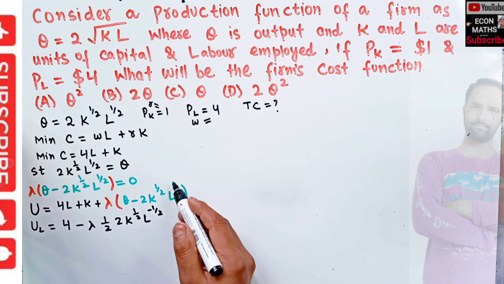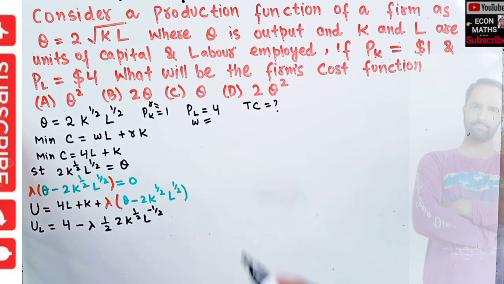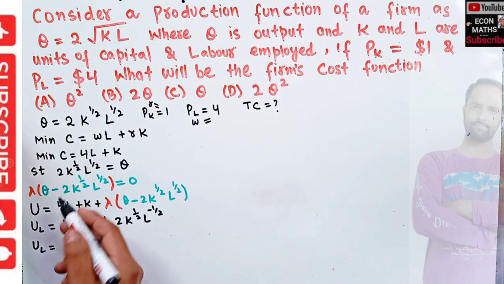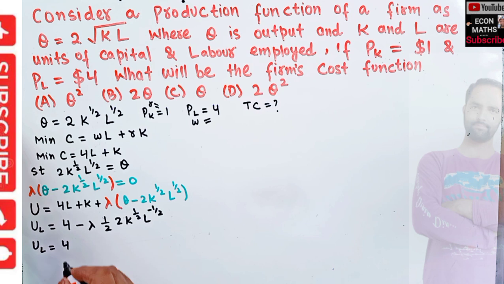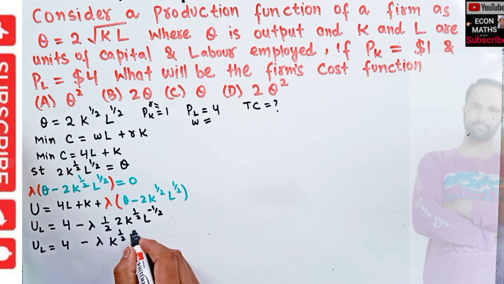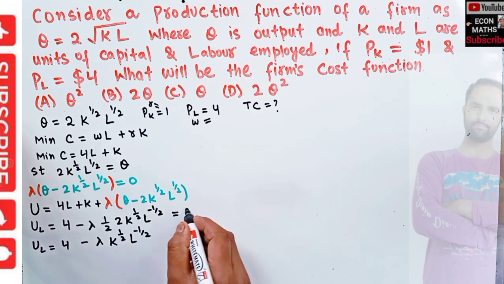The exponent is subtracted by 1 by the power function rule. Here 2 and 2 get cancelled, so u subscript L, the partial derivative of Lagrange's function with respect to labor, is equal to 4 minus lambda K to the power 1 upon 2 L to the power minus 1 upon 2, and we set it equal to 0.